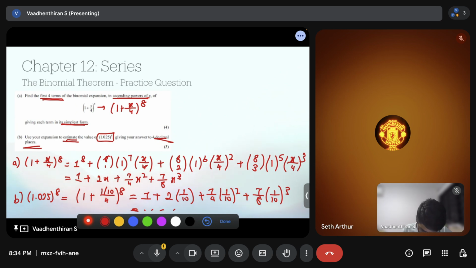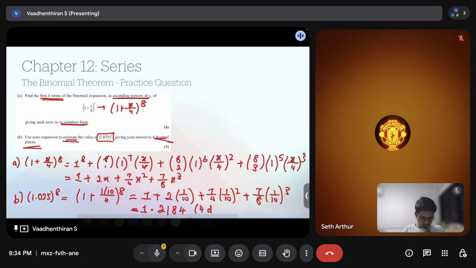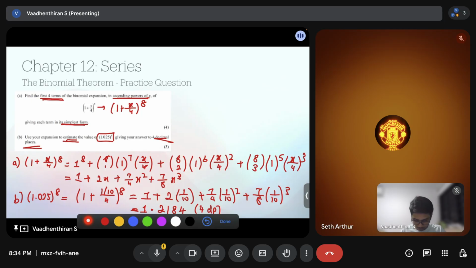So to 4 decimal places, it will be 1.2184. So this is the rounded off value.